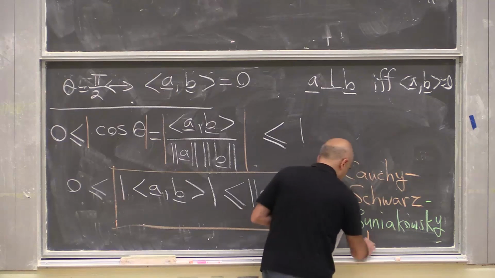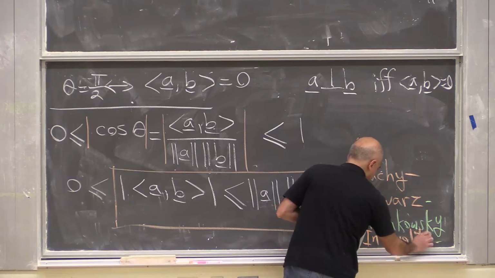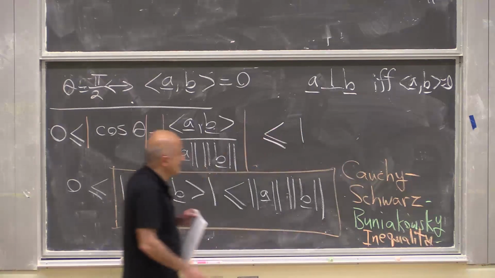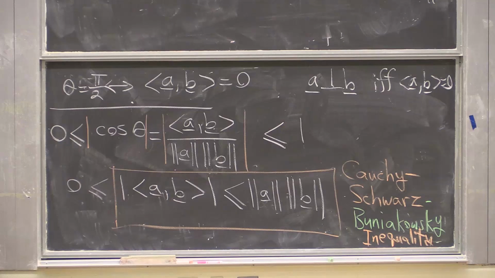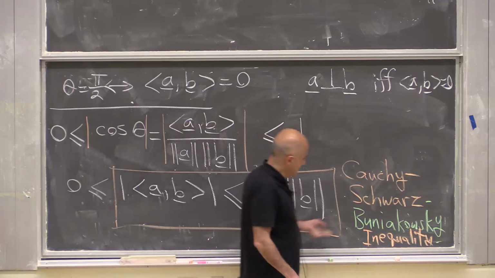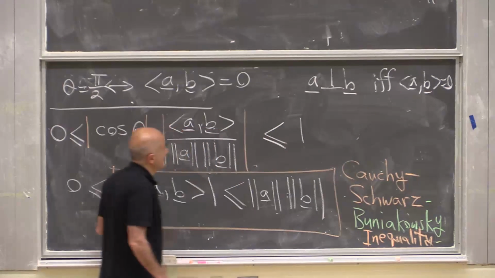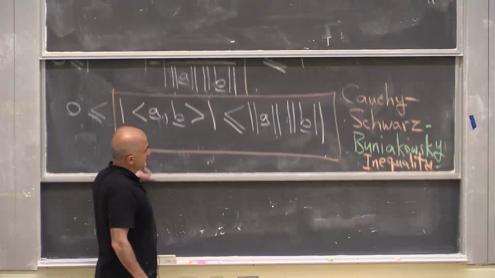Inequality. There we go. But very often it's just called the Schwarz inequality, and also very often it's called the Cauchy-Schwarz inequality. I had to look at my notes to remind myself of his name.